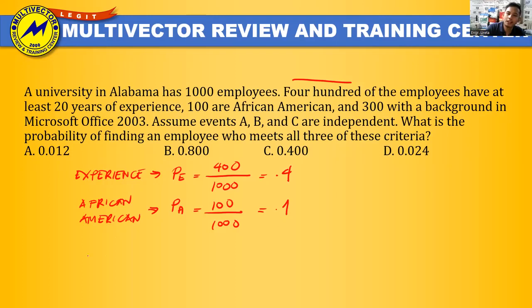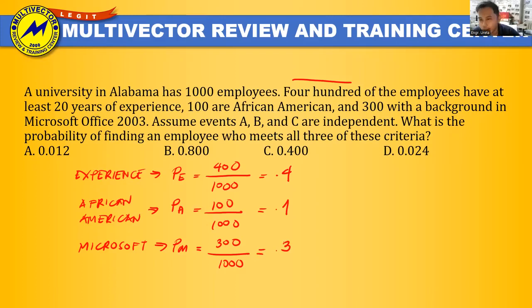Okay, and last, yung probability naman daw na may experience siya sa Microsoft. So, Microsoft na lang, it is just equals to P sub M, which is 300 out of 1,000, which is 0.3.